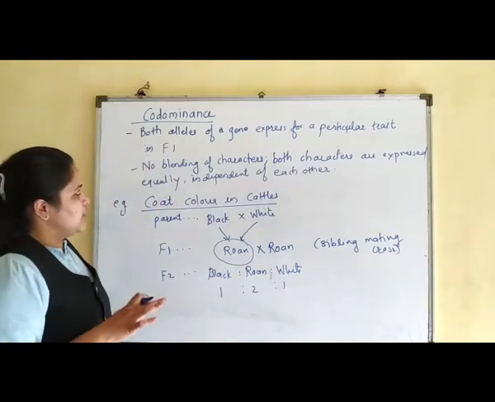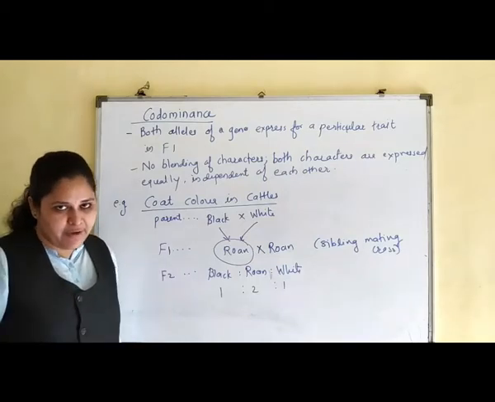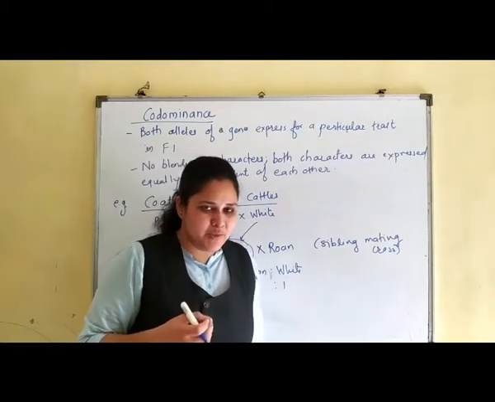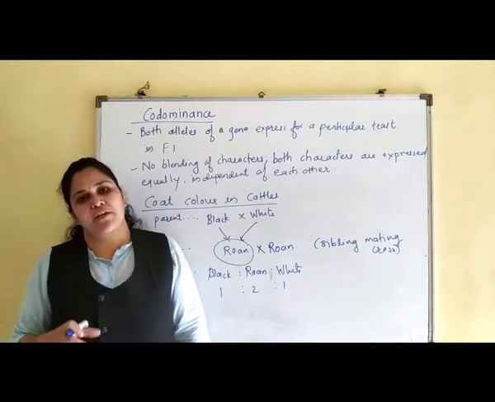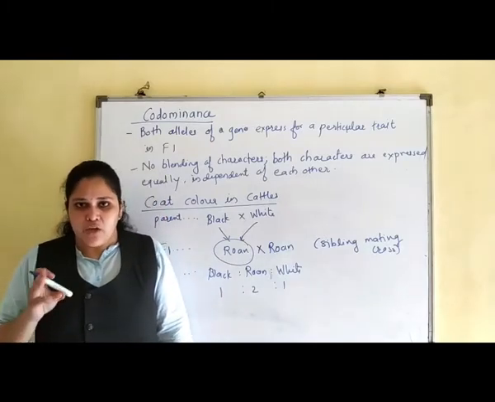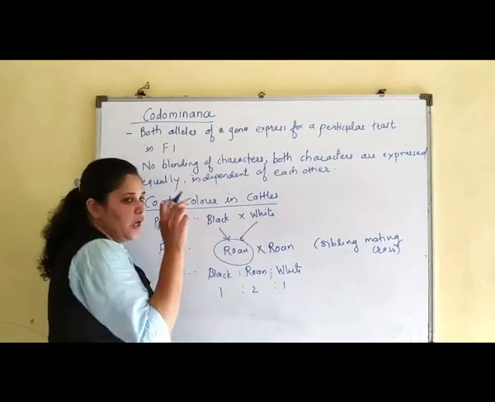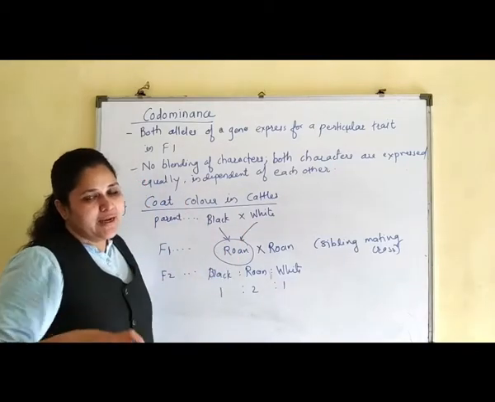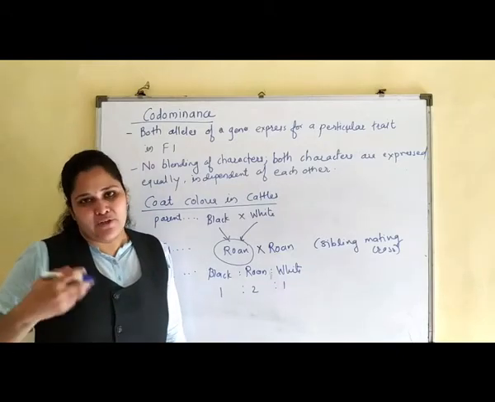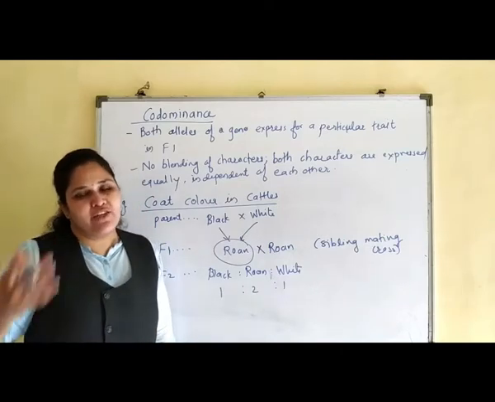See, in case of codominance, two genes are equally dominant. So whenever two alleles are present, both the alleles express independent of each other, and each of those two alleles gives its phenotype. So in case of these cattle, when black color is crossed with white one, in the progeny in F1, that individual will get black colored patches as well as white colored patches.